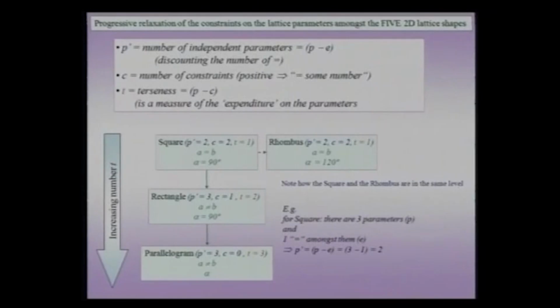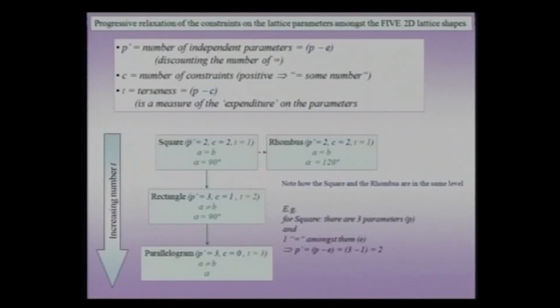In doing so, we also understood, for instance, that in terms of expenditure in lattice parameters, the square and the rhombus are at the same level, which have a terseness value of 1. So what is this terseness value? It is the difference between the number of parameters which go on to describe a lattice, which is 3 in 2 dimensions, minus the number of constraints which are imposed for a certain kind of lattice.